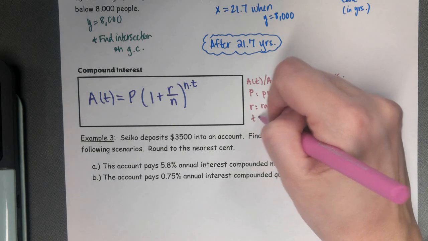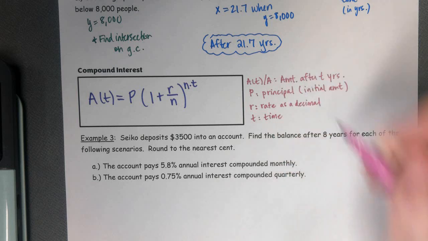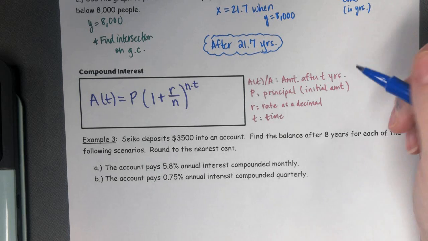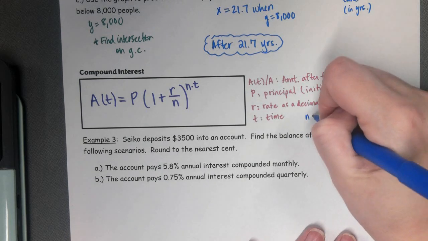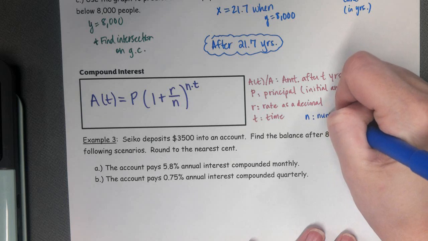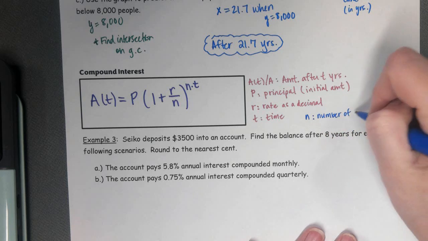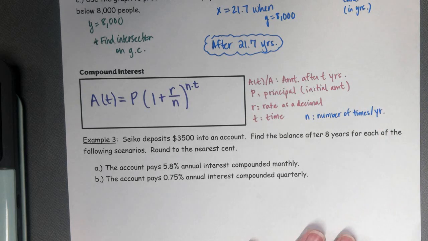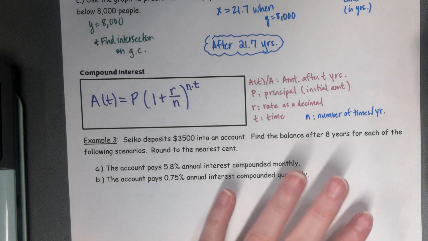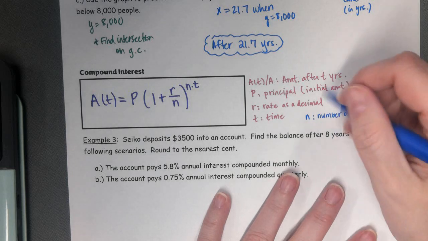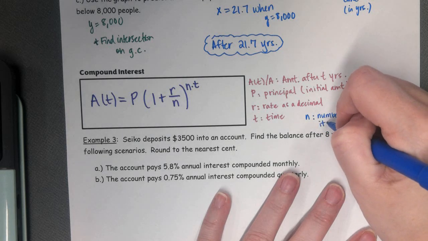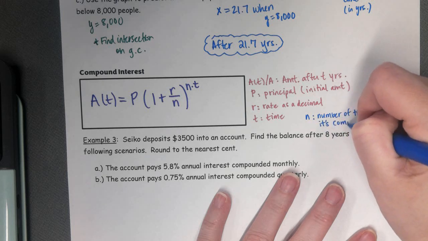The T is still the time, but now there's a new variable, okay, the variable of N. Okay, N is the number of times per year it's compounded.